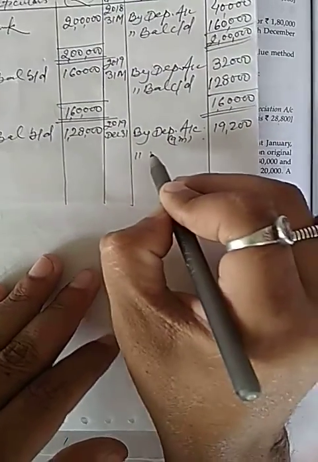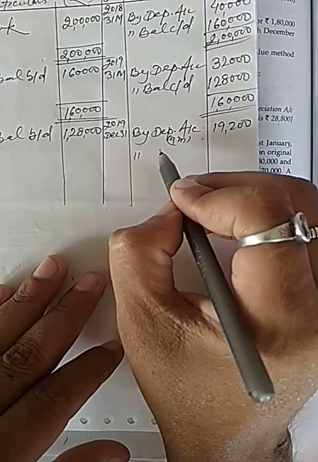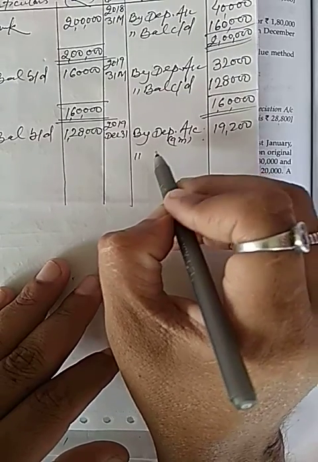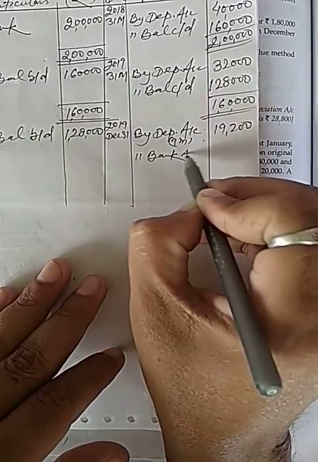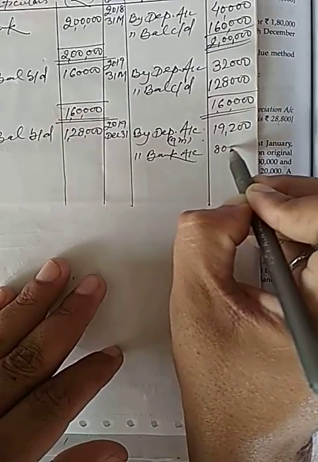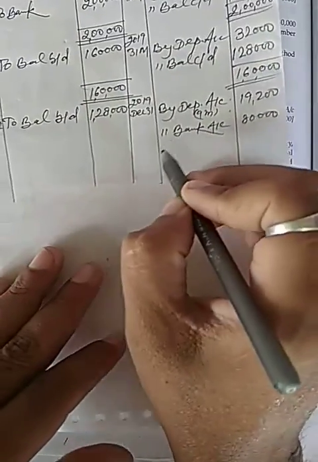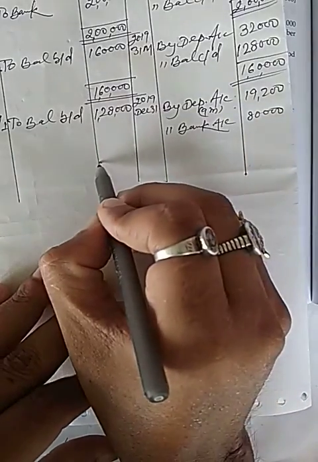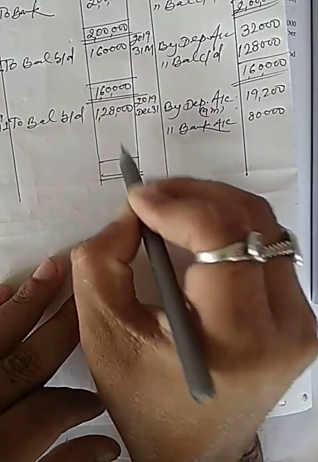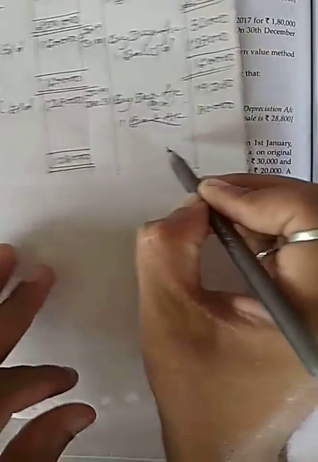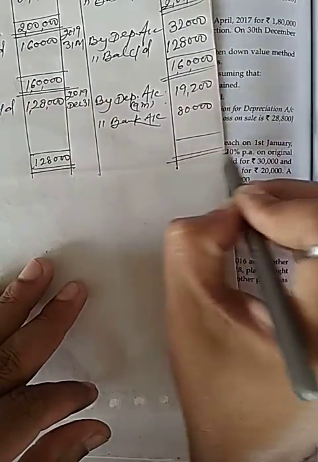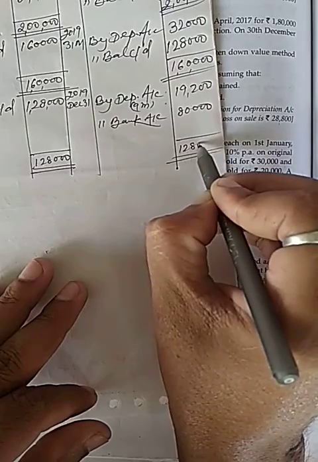And I am selling this machine. So the bank account will be 80,000, and there is only one machine in this question. So 1,28,000 and 1,28,000.